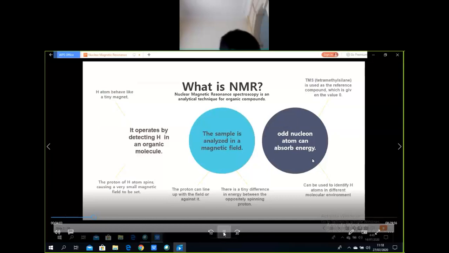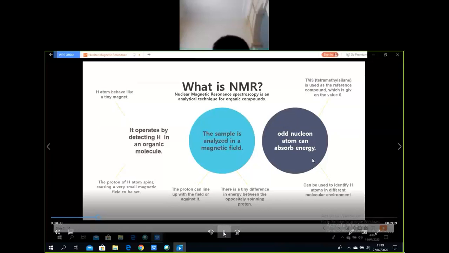This is called the chemical shift, and it is measured in units of parts per million. As I told you, NMR can be measured based on hydrogen and carbon. Why hydrogen?